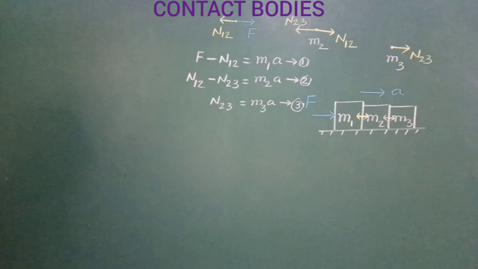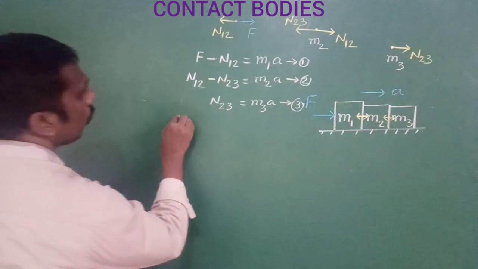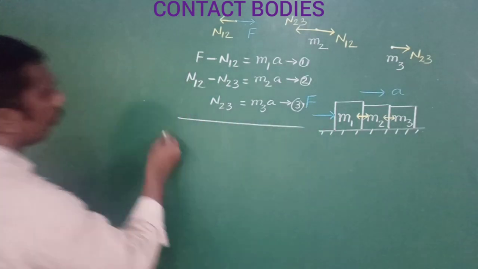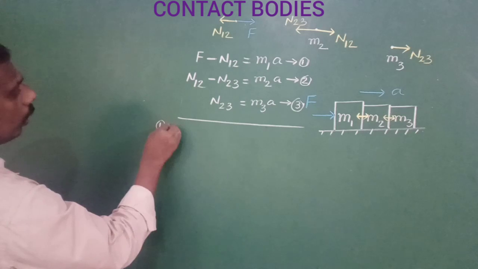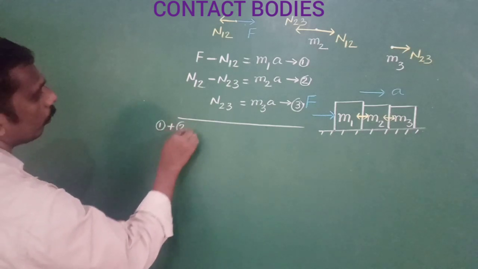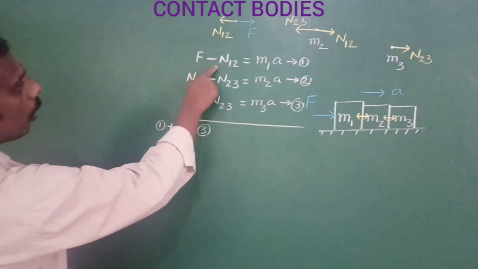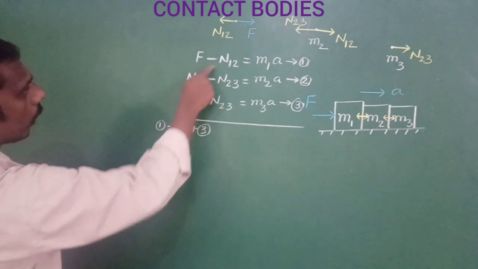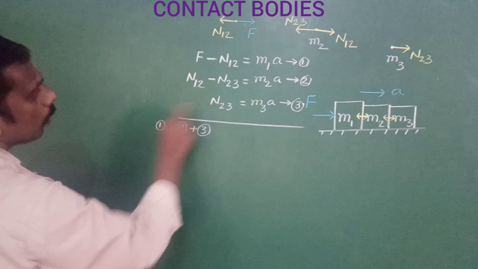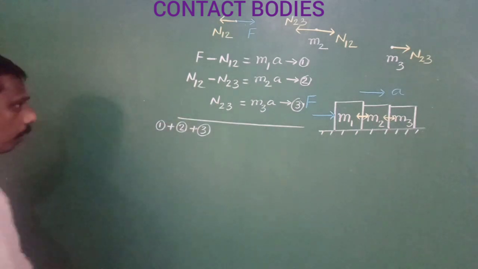We got 3 equations. Simplify these 3 equations, then we get acceleration. We should add equation 1, equation 2 and equation 3. Here minus N12 plus N12 get cancelled. Minus N23 plus N23 get cancelled.